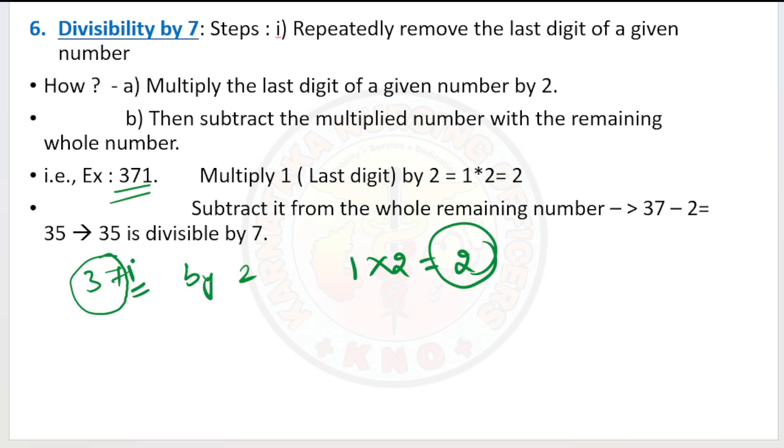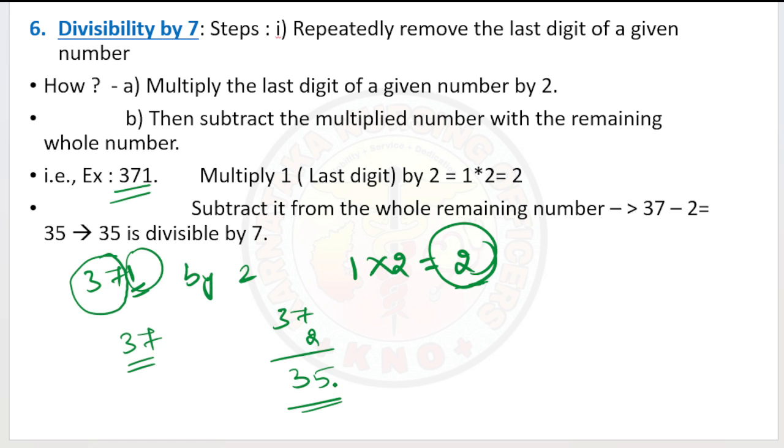What is the remaining whole number? 37. So we have eliminated the digit 1 by multiplying it with 2, and the remaining whole number is 37 now. Then we have to subtract the multiplied number, that is 2, from the remaining whole number, 37. So 37 minus 2 gives 35. See here, the 3-digit number is replaced by 35.